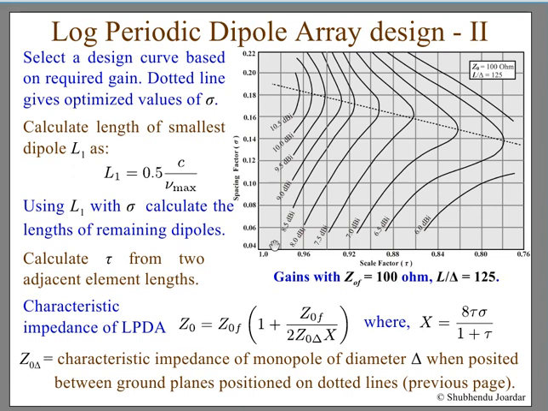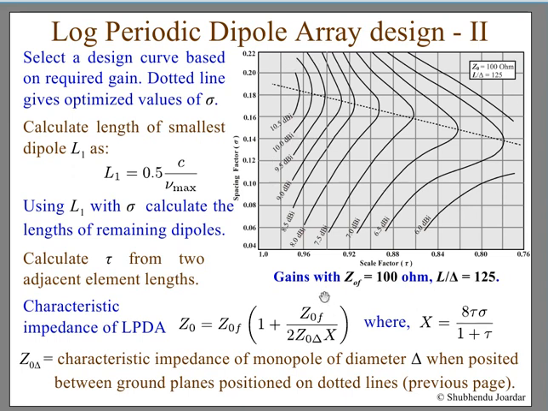For example, you may design a log periodic antenna with more dipoles or fewer dipoles, but they have the same bandwidth and, let us say, the same gain. Instead of that, if you use these optimized curves, you will be able to design it using the minimum number of dipoles. So that is the significance of this.